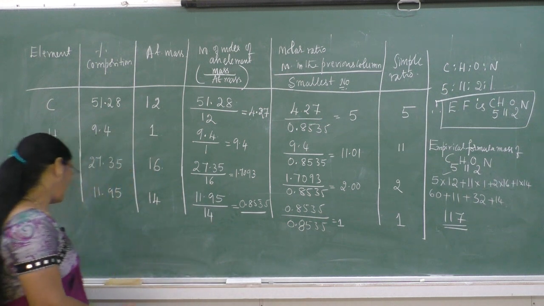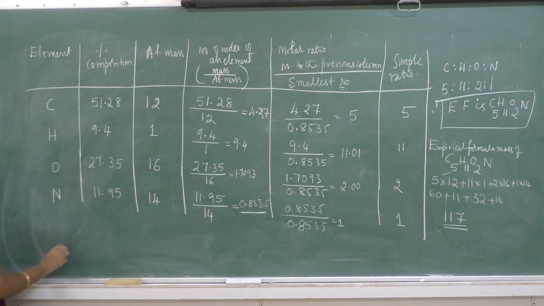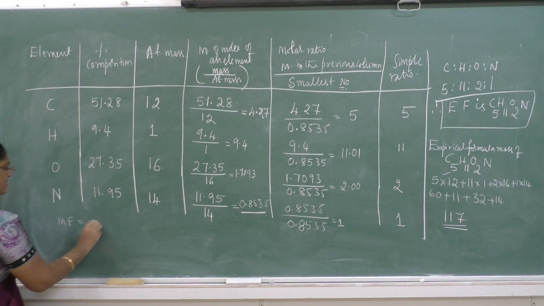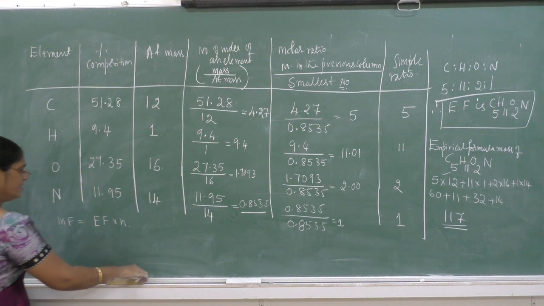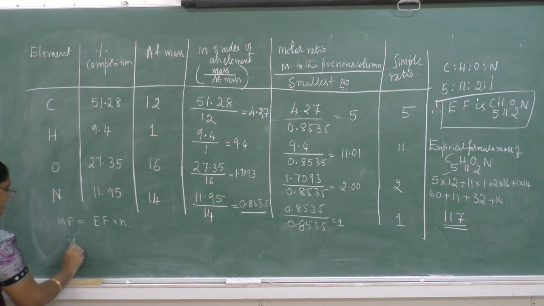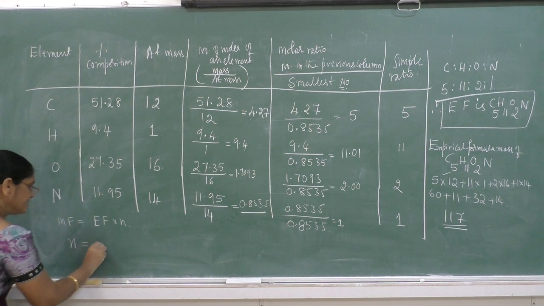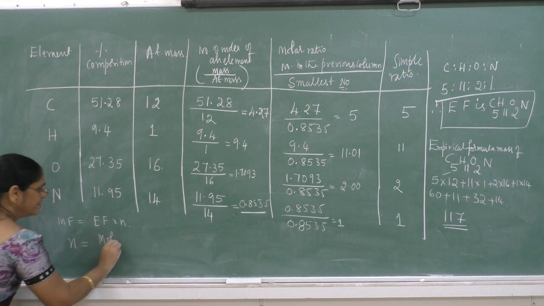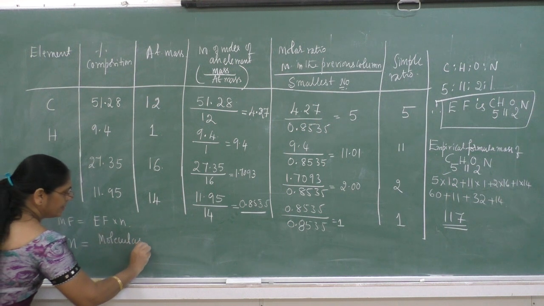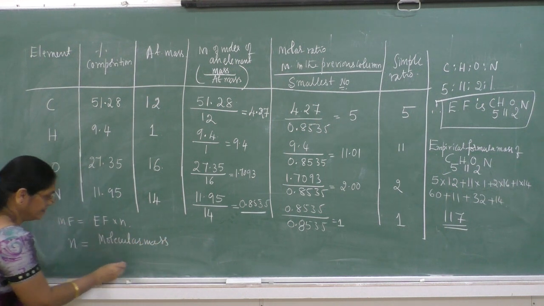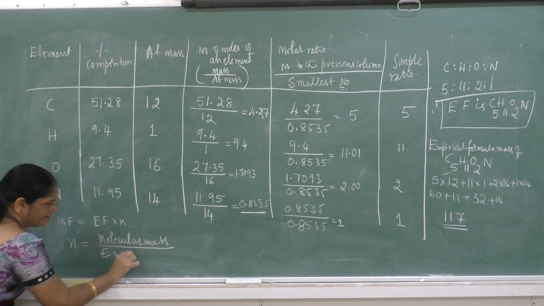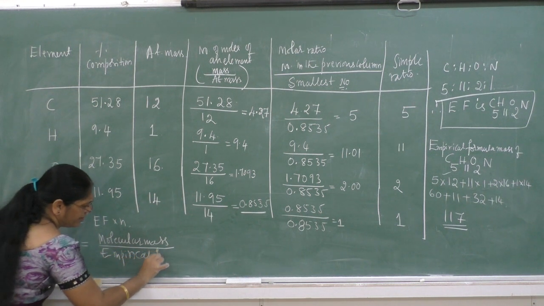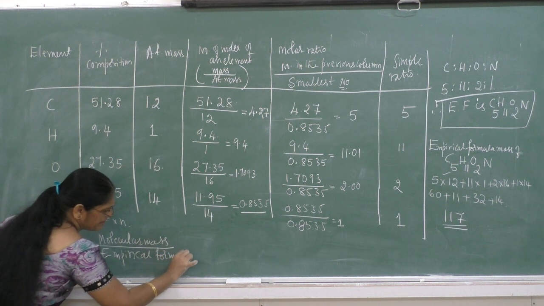Now calculate the molecular formula. Molecular formula is equal to empirical formula into n. So first we have to calculate the value of n. n is equal to molecular mass divided by empirical formula mass.